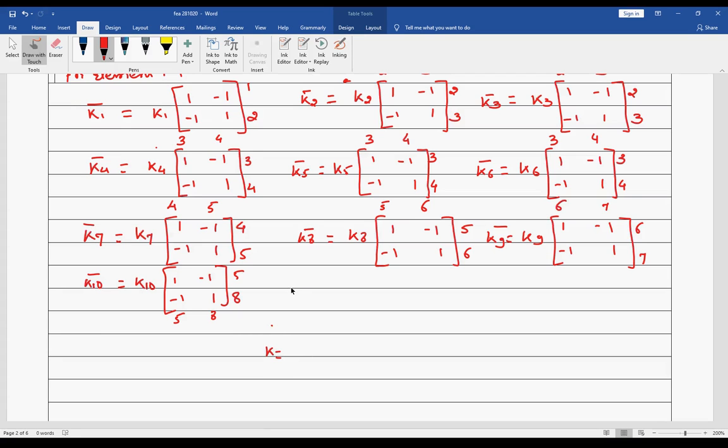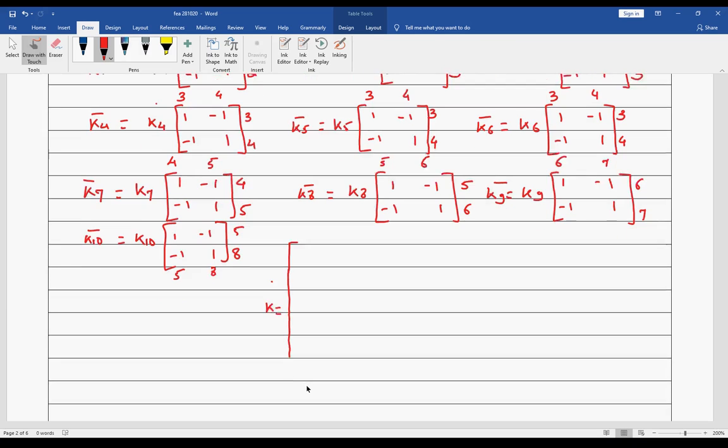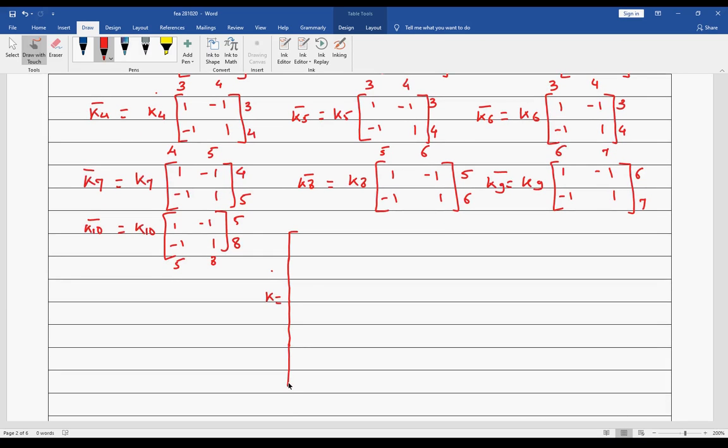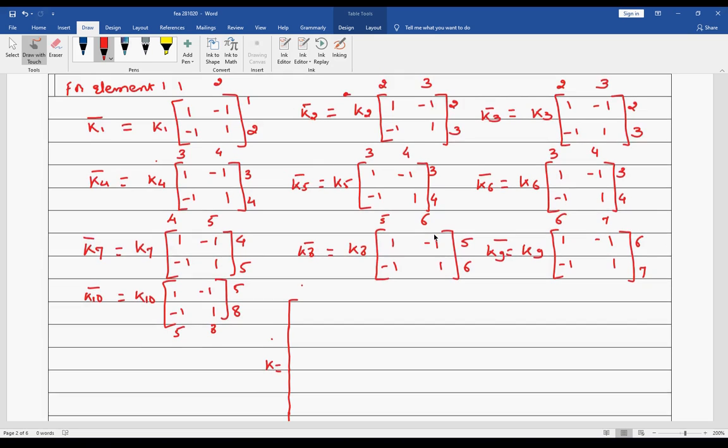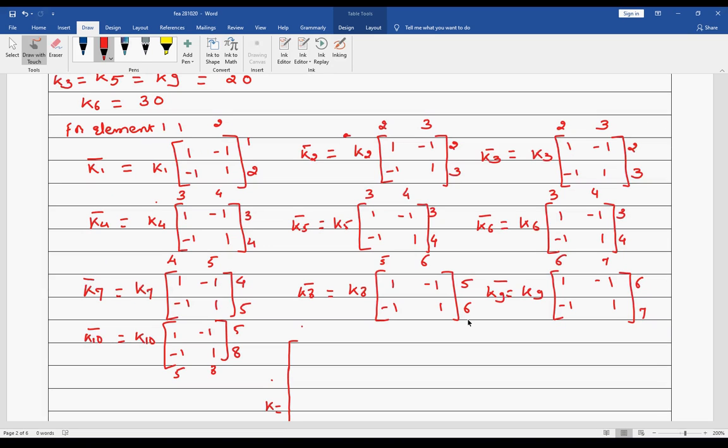K equal to 1 2 3 4 5 6 7 8. Okay, so assemble this, okay, and post a photograph of this.